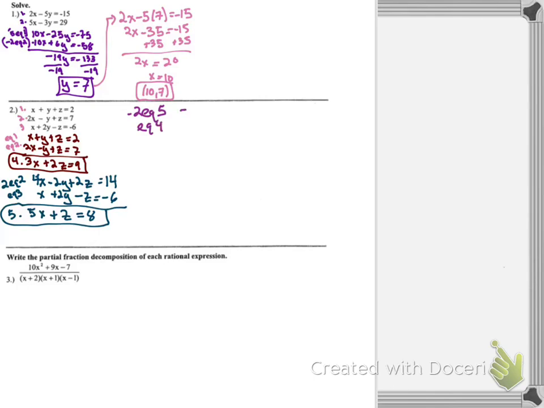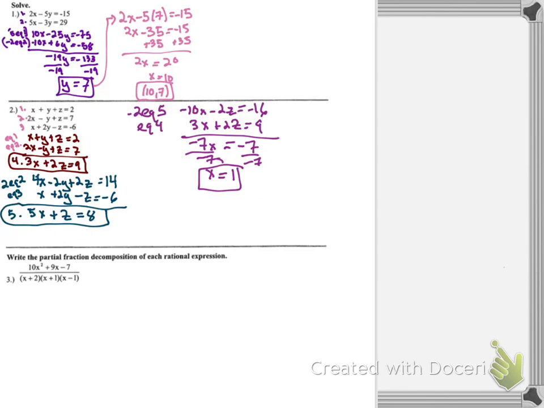This is going to give me negative 10x minus 2z equals negative 16. I have 3x plus 2z equals 9. Negative 7x equals negative 7. Divide by my negative 7s. x equals 1.